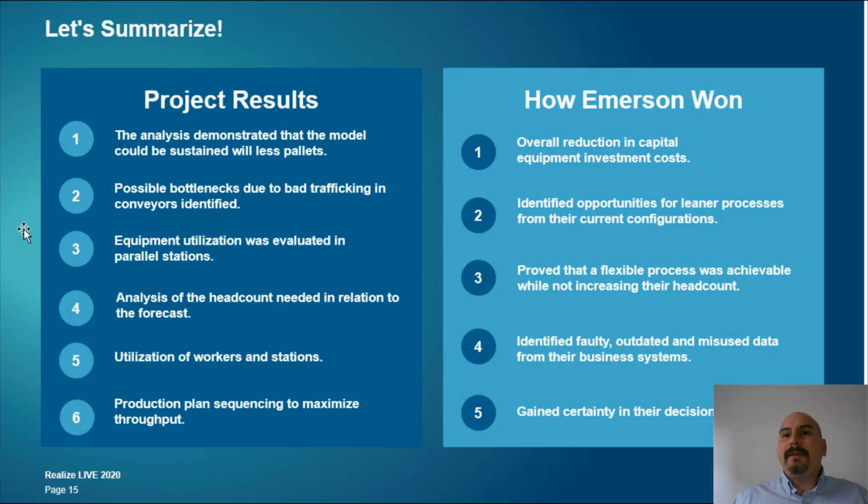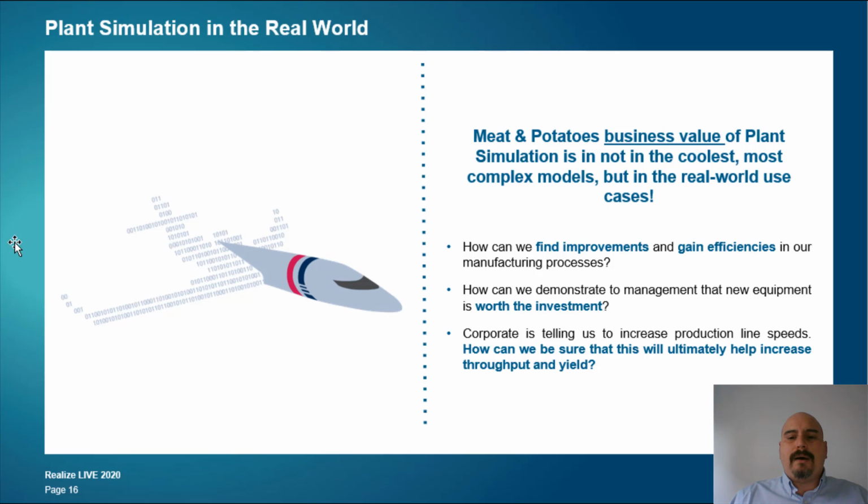And definitely they were also able to look under the hood of their own data and their own information. They were able to find information that wasn't up to date, faulty information. They actually double checked a number of things in their own process in order to understand more and learn more of their own process.